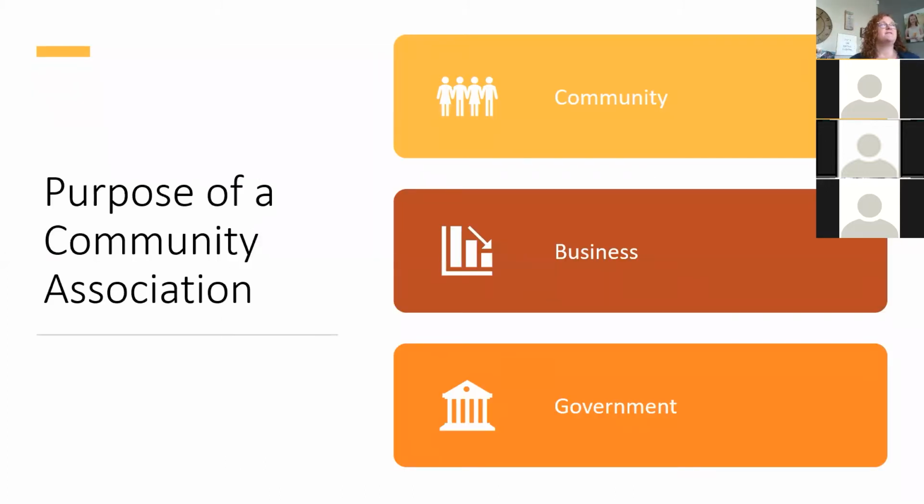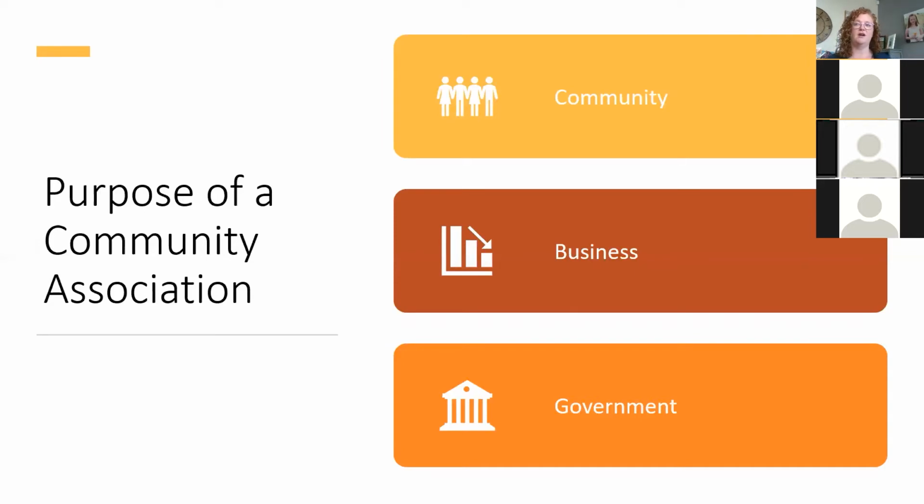So we're going to dive in first and foremost and chat about what is the purpose of a community association. It seems kind of simplistic to talk about this in this term, but for community associations, at the heart of why they're established is to create community. You are running a business and you are governing that development.